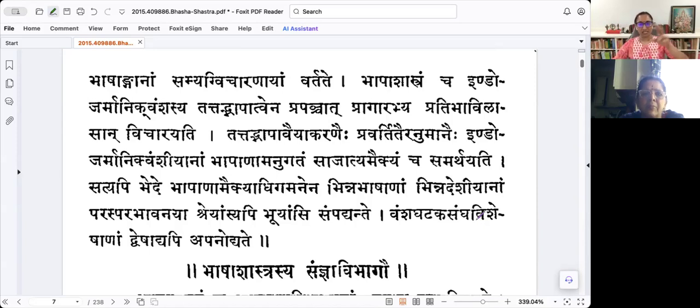This bhasha shastram starts from the Indo-Germanic languages and goes before that. That is, we are trying to go into the Ur language.